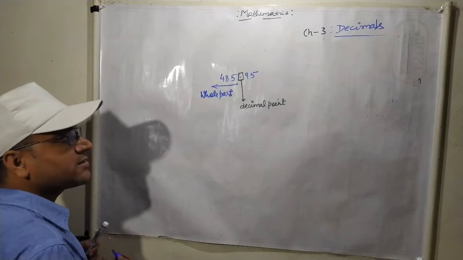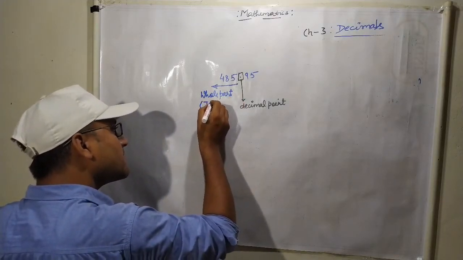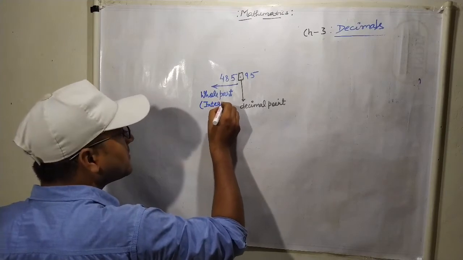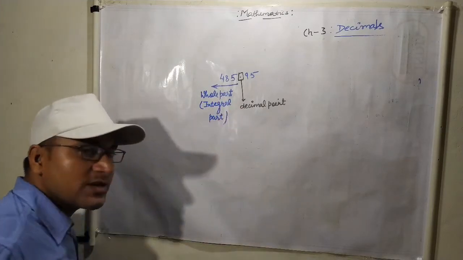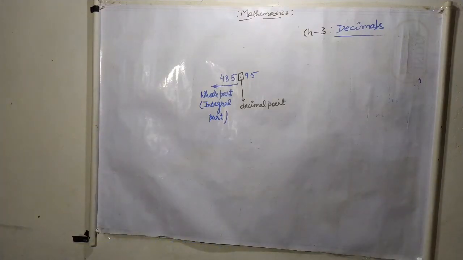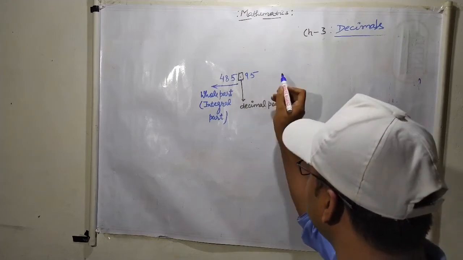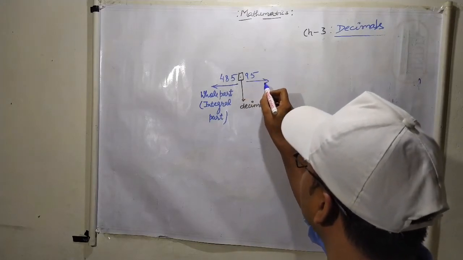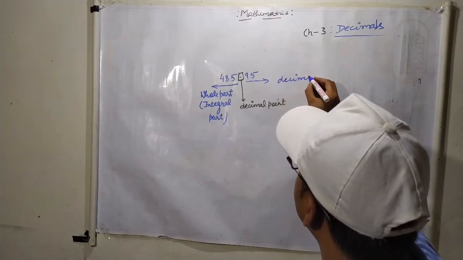After this decimal point, this part is known as the decimal part.